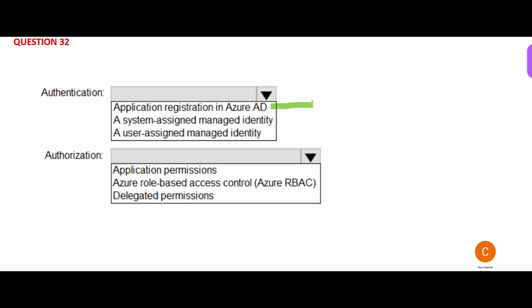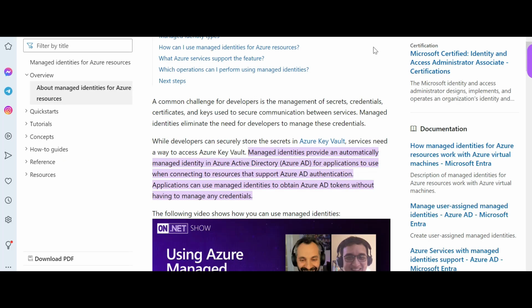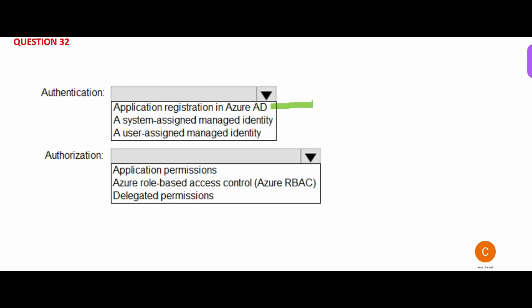If I see system managed identities, this will allow applications to directly manage identities in AD for applications, to use when connecting to resources that use AD authentication. Yes, but this is the second step. If your application is not registered, then the system assigned managed identity will not work.